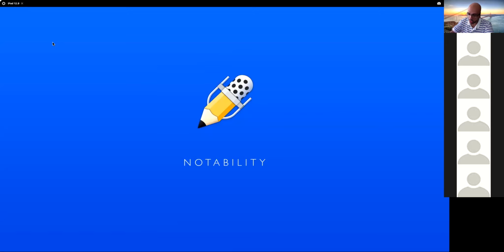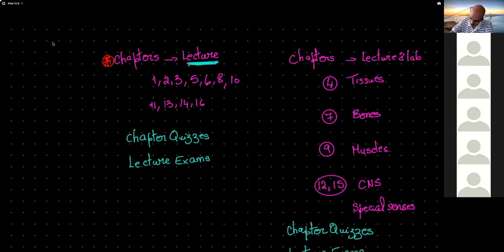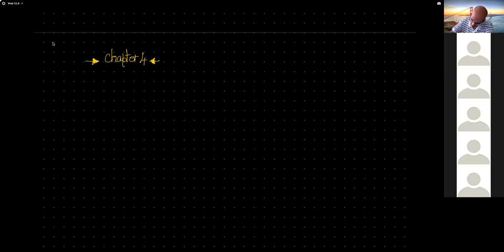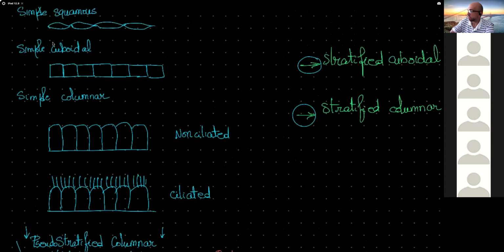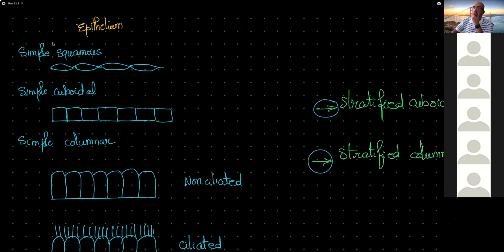Try to make it as logical as it can be. For example, if we go to the epithelium, different types of epithelium, let's review together the locations.